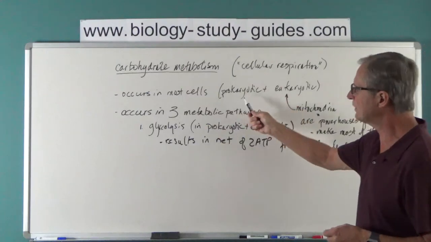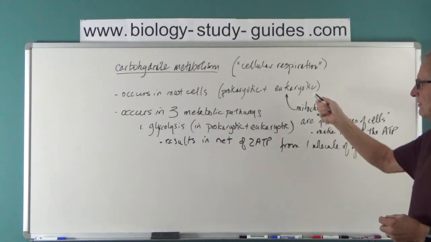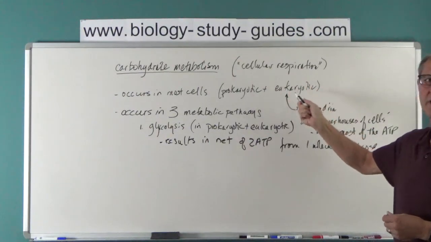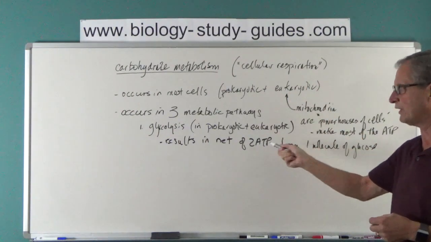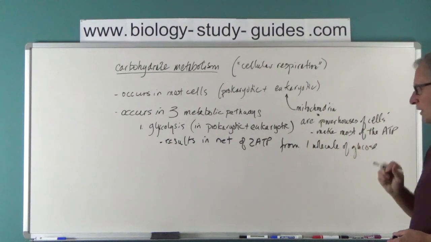So both prokaryotic cells, like bacteria for example, that's all they need. We are made up of eukaryotic cells. We would never survive if we could only get 2 ATP molecules out of each sugar molecule.